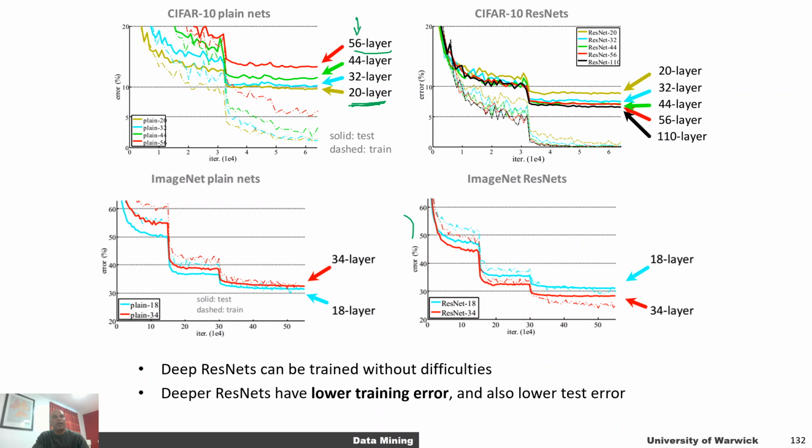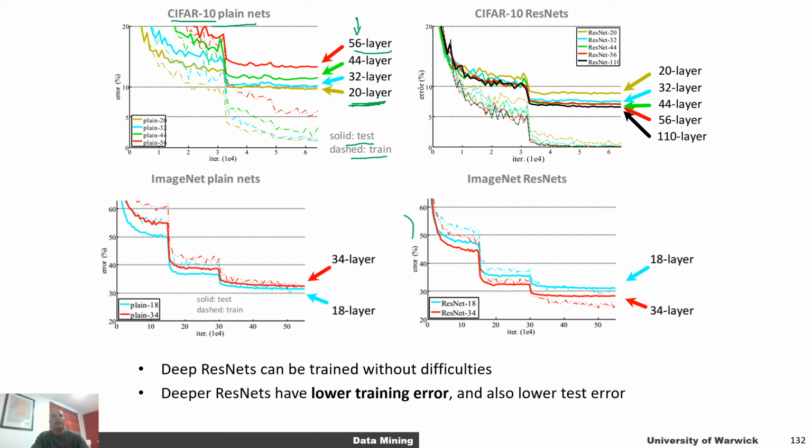And the same thing holds in both train and test. So this is the training error. The dashed ones show the training errors, and the solid lines show the test errors. As you can see, deeper networks have higher errors in both training and testing in comparison to shallower networks if you don't use these skip connections, for this particular problem, which is a 10-class image classification problem.